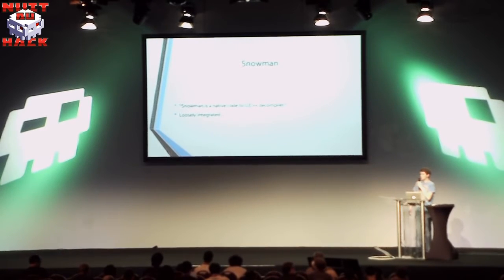It's very loosely integrated, so there's only, I believe, two functions that are called, and you can also very easily replace this with, for example, nothing. If you don't like a decompiler, you can just say, I don't want it.